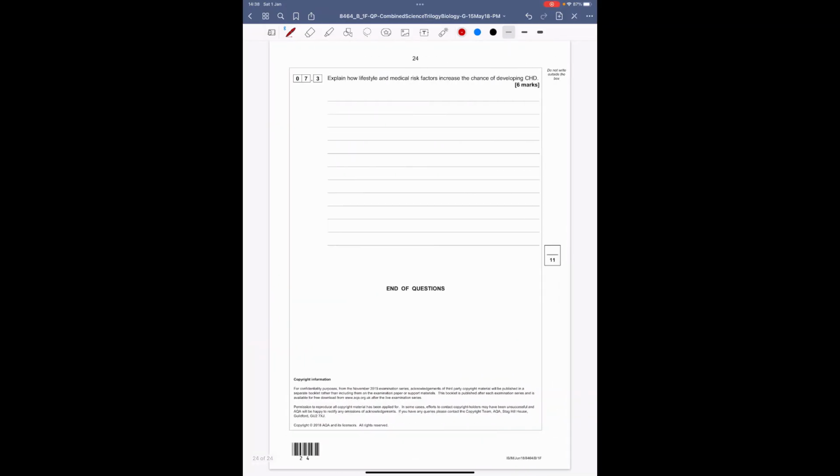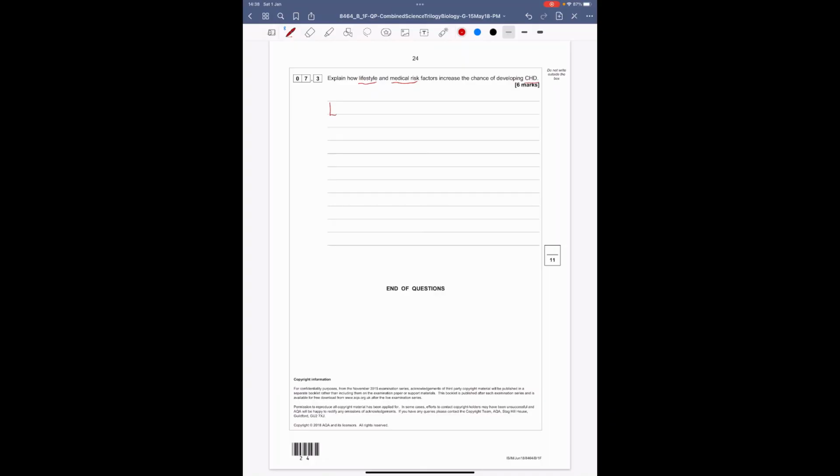So, question 7.3. Explain how lifestyle and medical risk factors increase the chance of getting coronary heart disease. So before we begin, I would just make sure you've got some lifestyle factors and some medical risk factors, and then you can use them to explain how they might contribute to developing coronary heart disease.